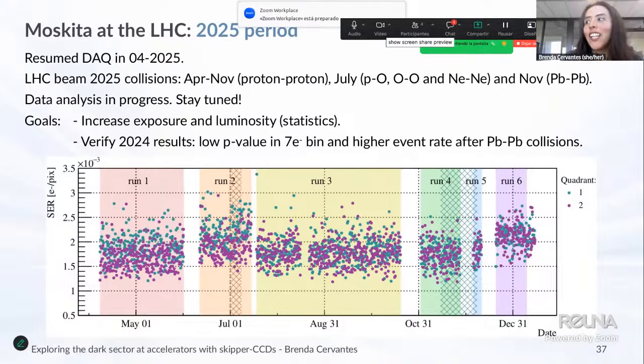Okay, so yes, that would be pretty good. Right now, the LHC stops this year, probably in June, and it enters a long shutdown of 3 years because of the preparations for the High-Lumi run, which will start in 2030 probably.